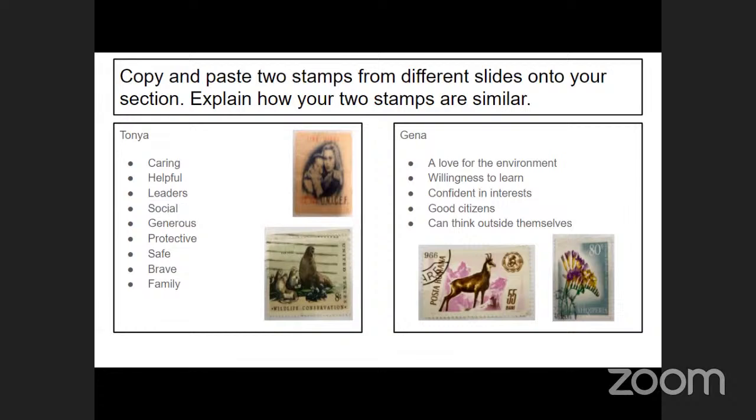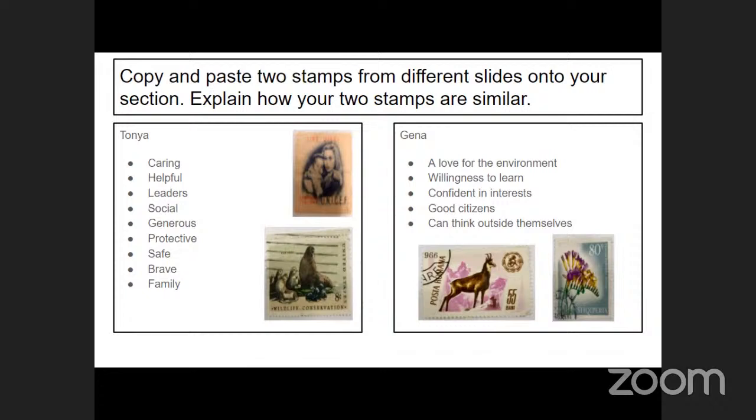So I chose two stamps that had the same theme of loving all living things, loving the environment. I added another bullet point after the fact: I also noticed that with their colors they're kind of feminine, but also very strong.